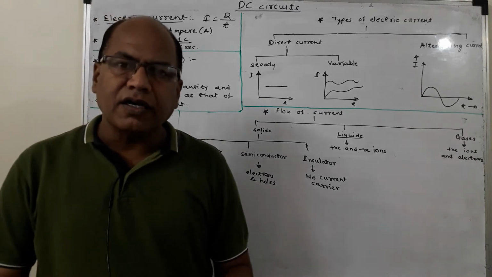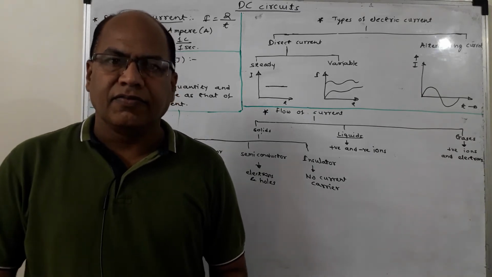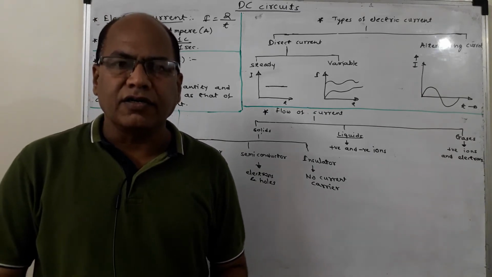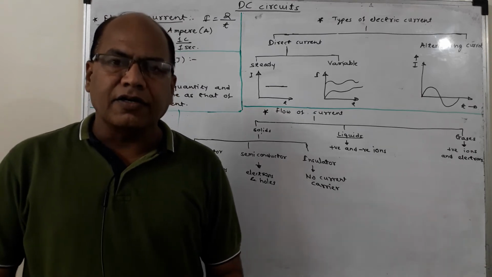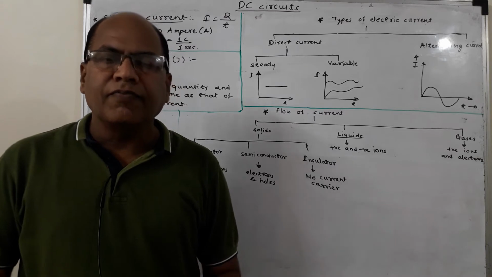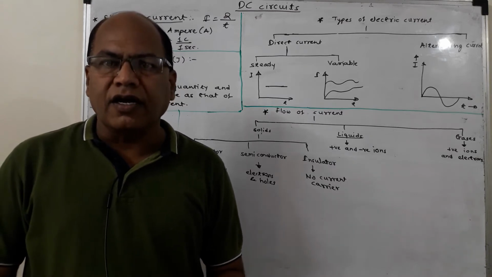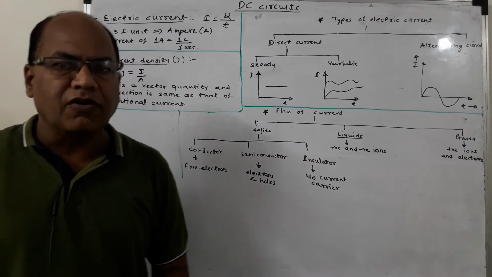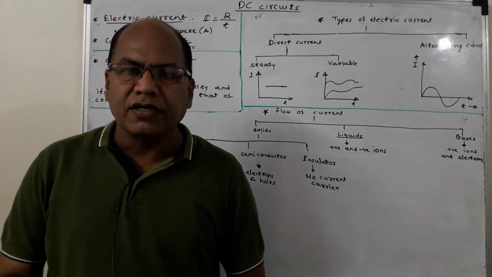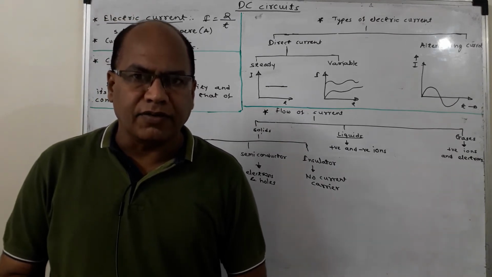Even though current has a direction, it is not a vector quantity, but it is a scalar quantity, because electric current does not obey the laws of vector addition, and the resultant current can be obtained by using the simple laws of algebra.